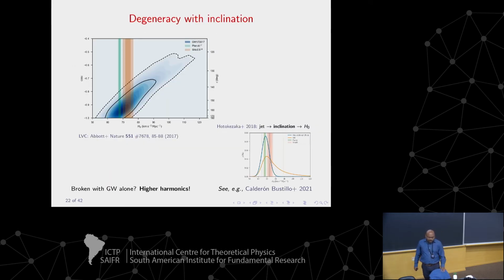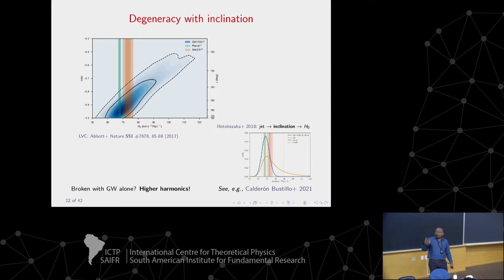There's one important thing to highlight here. When I said that the amplitude depends on the distance to the source, I did not tell you that the amplitude also depends on the orientation of the source. So the amplitude depends not only on the distance, but also on the inclination angle of the source. In particular, if the source is not face on, but oriented, then the amplitude falls off.